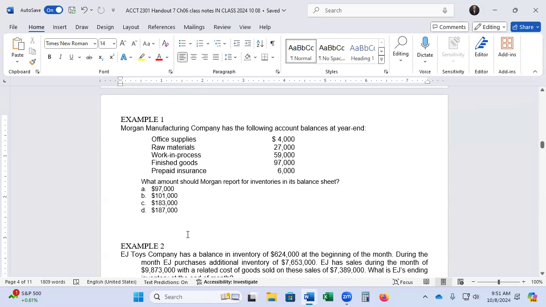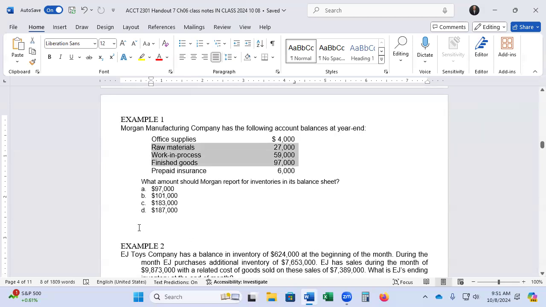One of the things that's going to be consistent throughout is you need to be able to identify what's an asset, what's a liability, what's revenue, what's expense, what's equity. And so this is just more about this. What type of company is Morgan? The manufacturing company. Excellent. Okay, so we're going to be looking for raw materials, work in process, and finished goods.